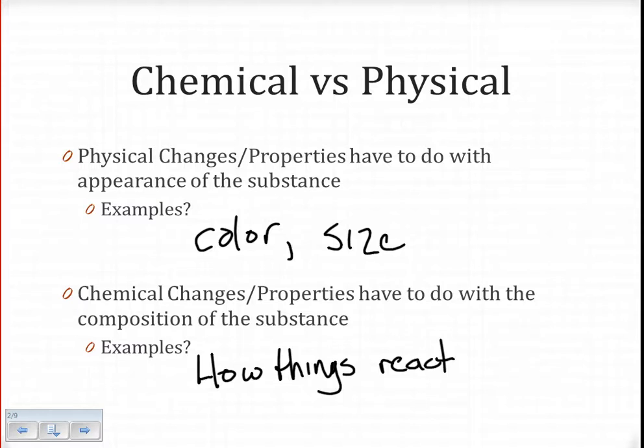Let's say something rusts, metal rusts, okay, that's a reaction. If something burns, that's a chemical property. The burning is a chemical change. So chemical has to do with how things are made up. Physical has to do with appearance, and that's an important distinction.